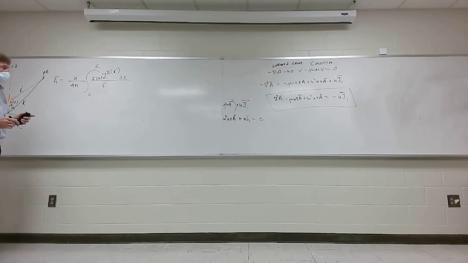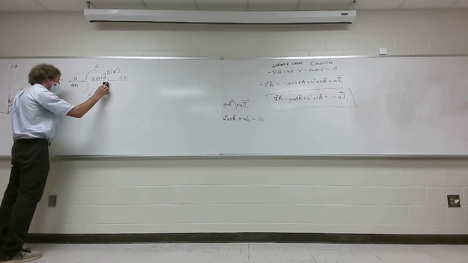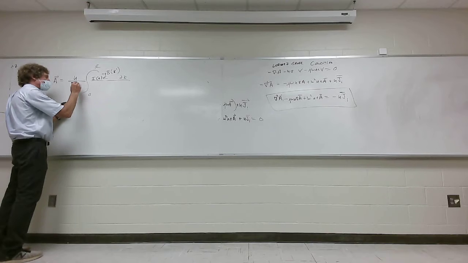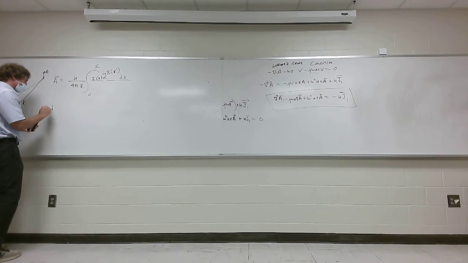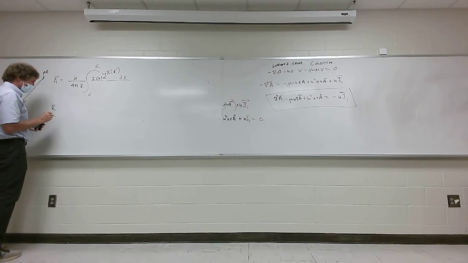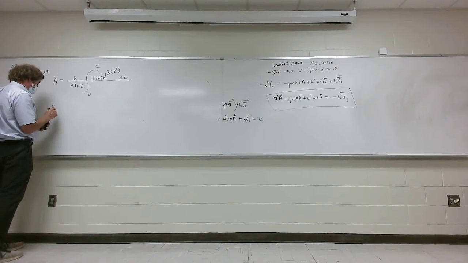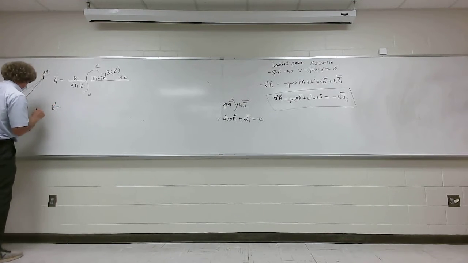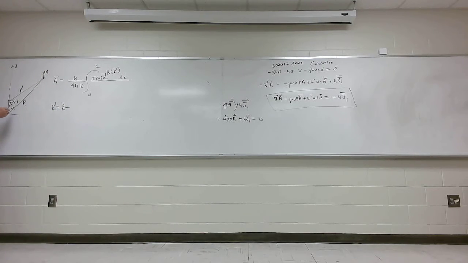And really, what should be said, if we're doing this, r here is really that r, so it can come outside. And this r here, just like when we had the array, that r prime is really going to be equal to the actual r there minus whatever the height is here.